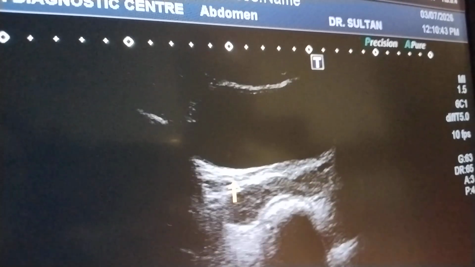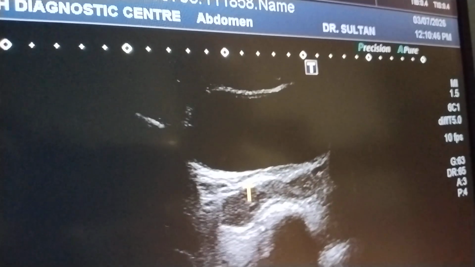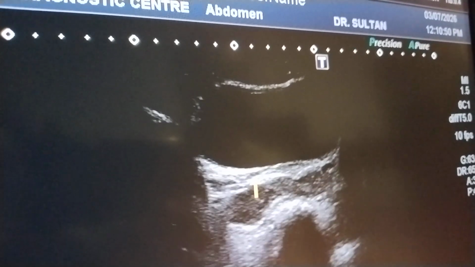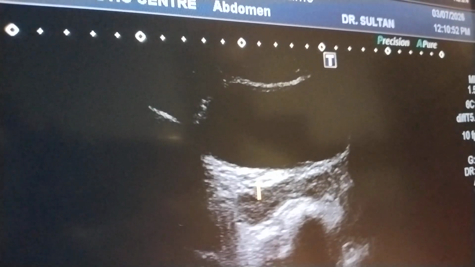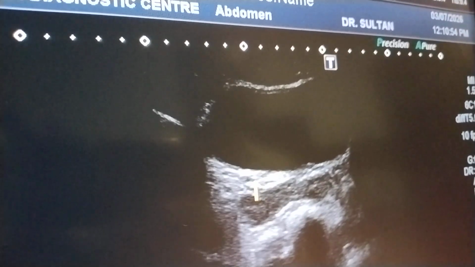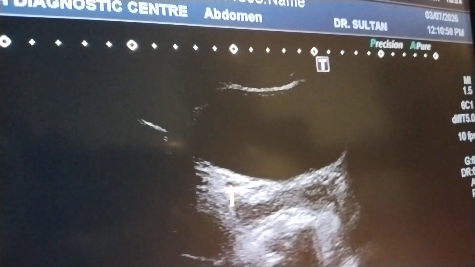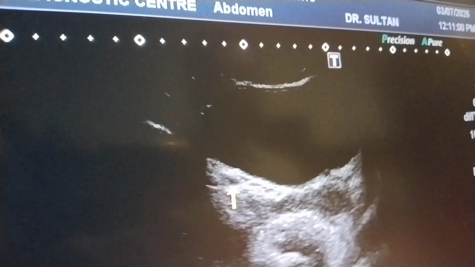Look here, just tilt the probe again, angle it upward slightly to follow this. This is the stone, a small stone, and this is the ureter. Look here, it is coming.